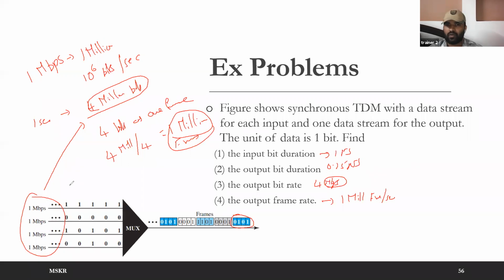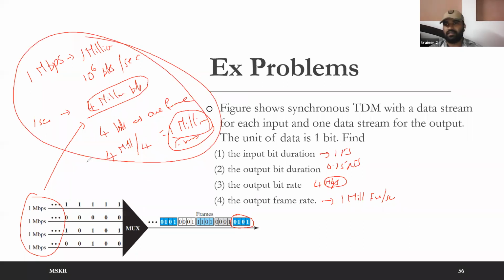Now the other way of doing the same question is very simple. There is no need to think all these things. You just need to concentrate on these two terms.